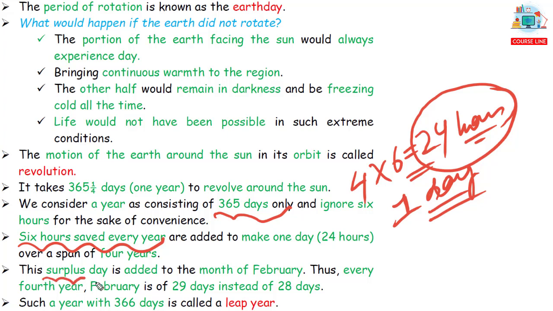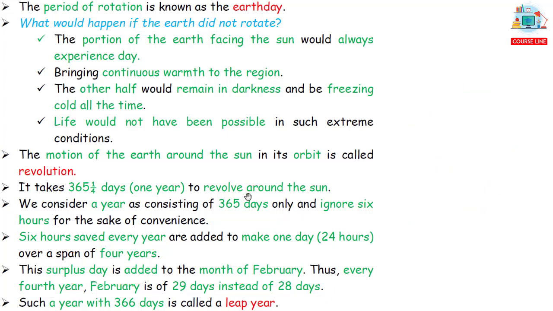So this surplus day will be added in the month of February. Every 4th year we will add 1 day in the month of February. So normally February has 28 days, but every 4th year it will have 29 days. Fine, there will be 29 days in February. Good.